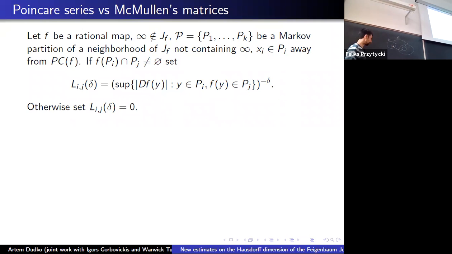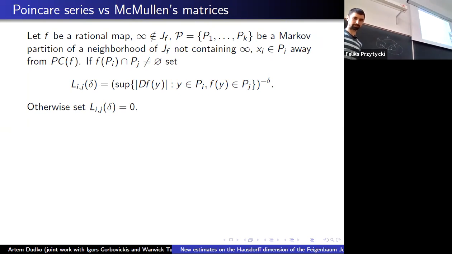Take the inverse. Okay, so this will be our new Macmillan matrix.